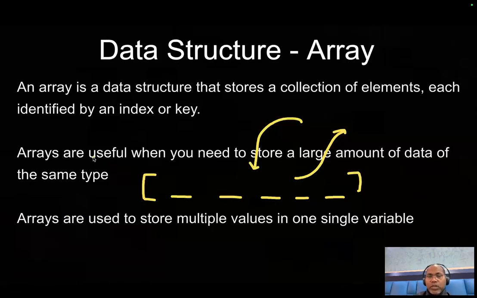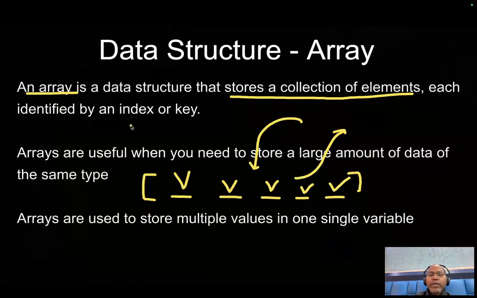Ensure that whenever you are storing a collection of elements in the array data structure, each element, each value, is uniquely identified by its index. Arrays store multiple values, and each value is given an index.